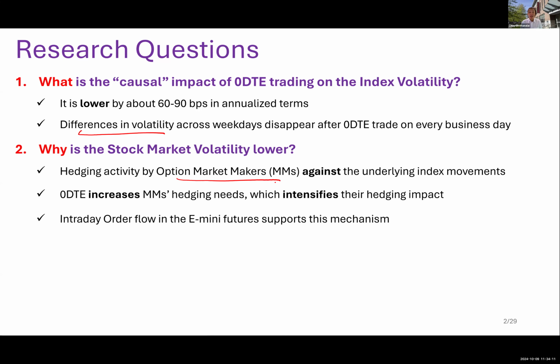This is large enough to create a net reduction in index volatility. Importantly, we show that the presence of the zero DTE market increases market maker hedging needs such that they have to intensify their hedging. This is the main reason we observe a net reduction in volatility.